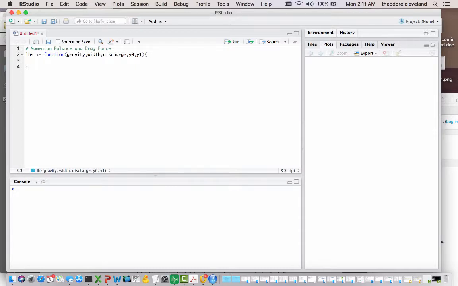And we start building the parts of it. Just use a bunch of temporary variables. Gravity times width times y1 quantity squared. That whole thing is divided by 2.